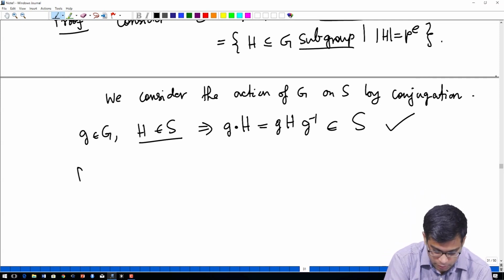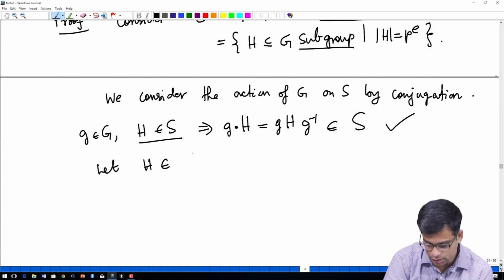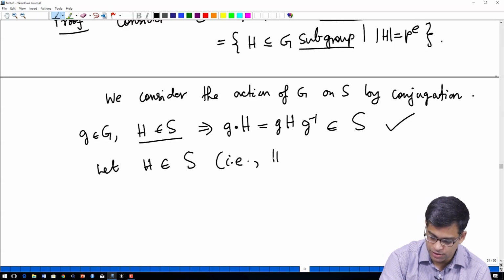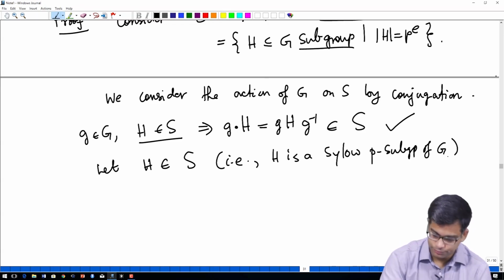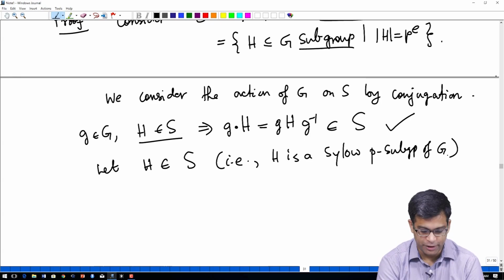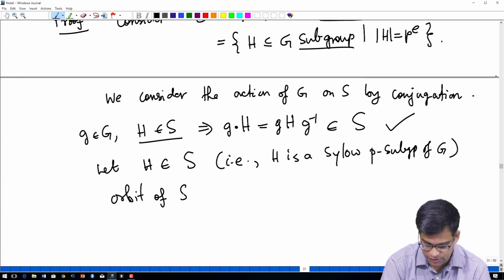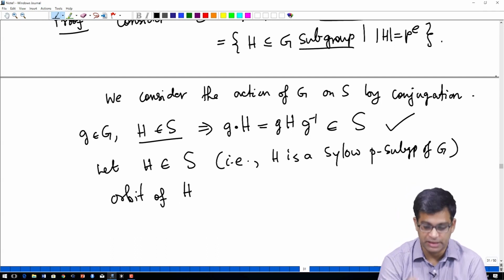Now, by the second Sylow theorem, first of all let us fix some element of S. So, let H be in S, that is, H is a Sylow p-subgroup of G. What is the orbit of H under this action?